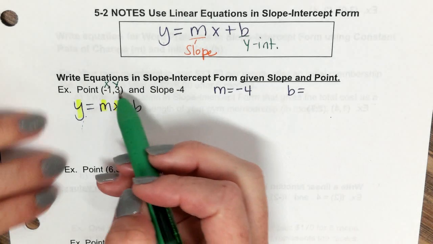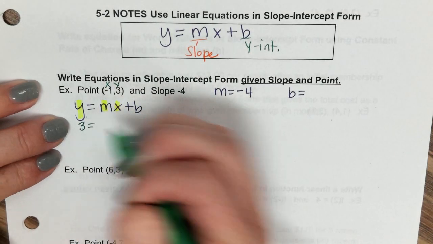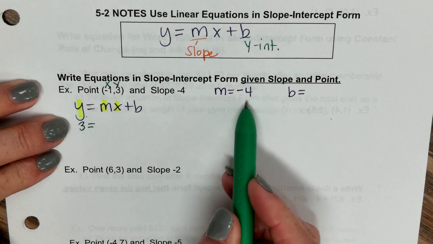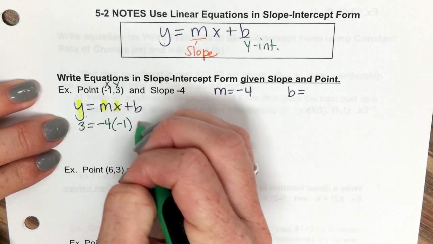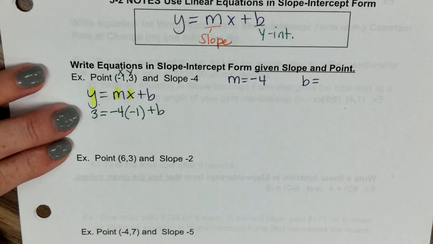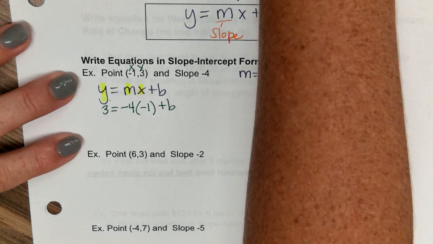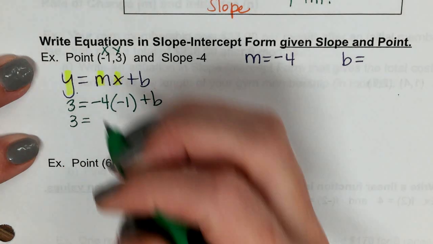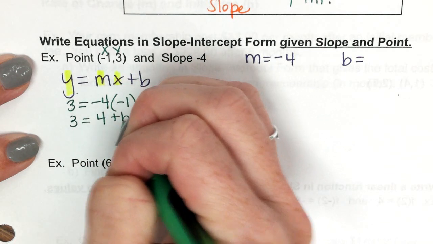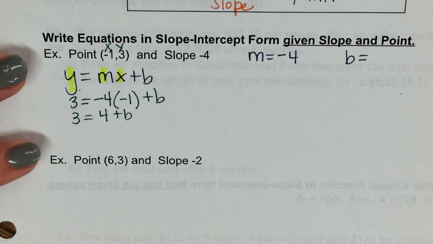Okay, so the y is 3, so I have 3 equals. The m is -4, so -4 times the x, which is -1, plus b. So I have 3 equals -4 times -1 is +4 plus b. And then how am I going to get rid of the 4?